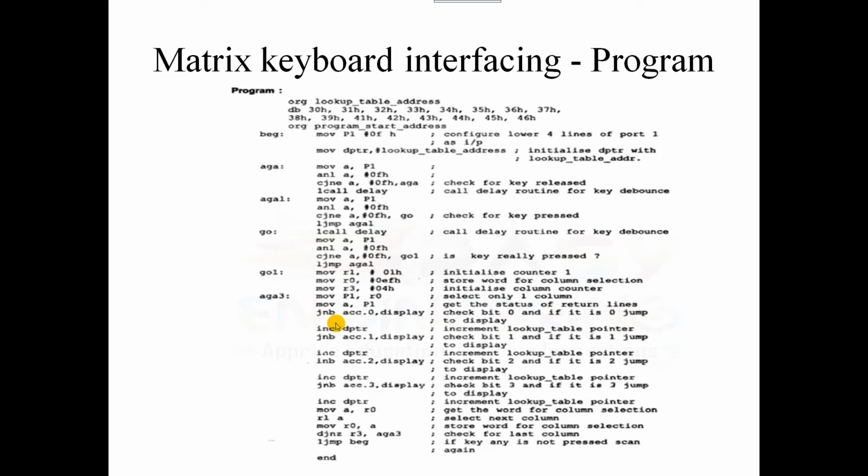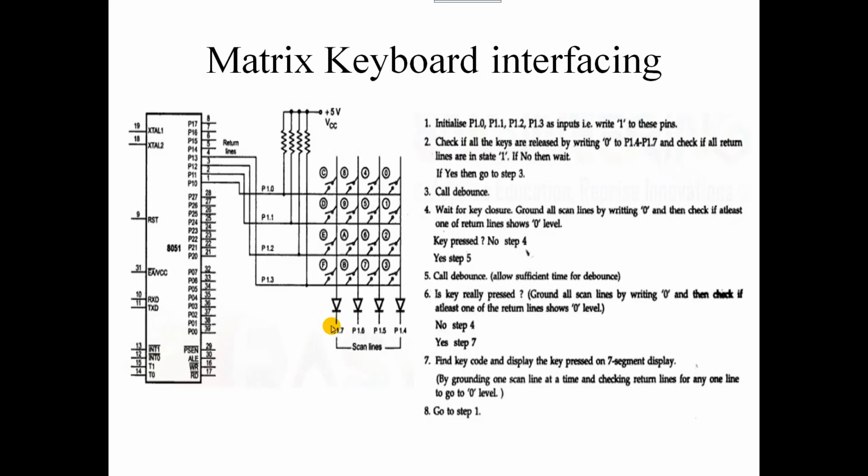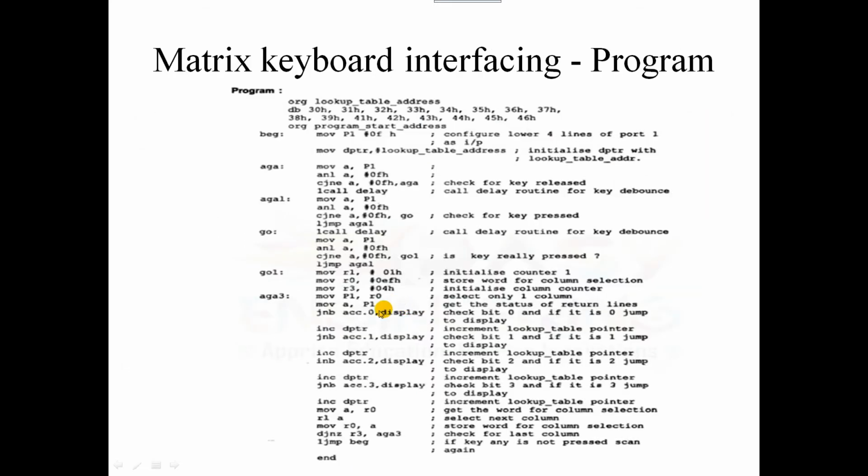Afterwards, we are going to give 0 for that particular column. By giving that column data as 0, we will be checking whether the particular column is going to be selected or not. So selecting only the first column, we are going to have that data written to port number 1. Then port number 1 will be transferred to the accumulator.